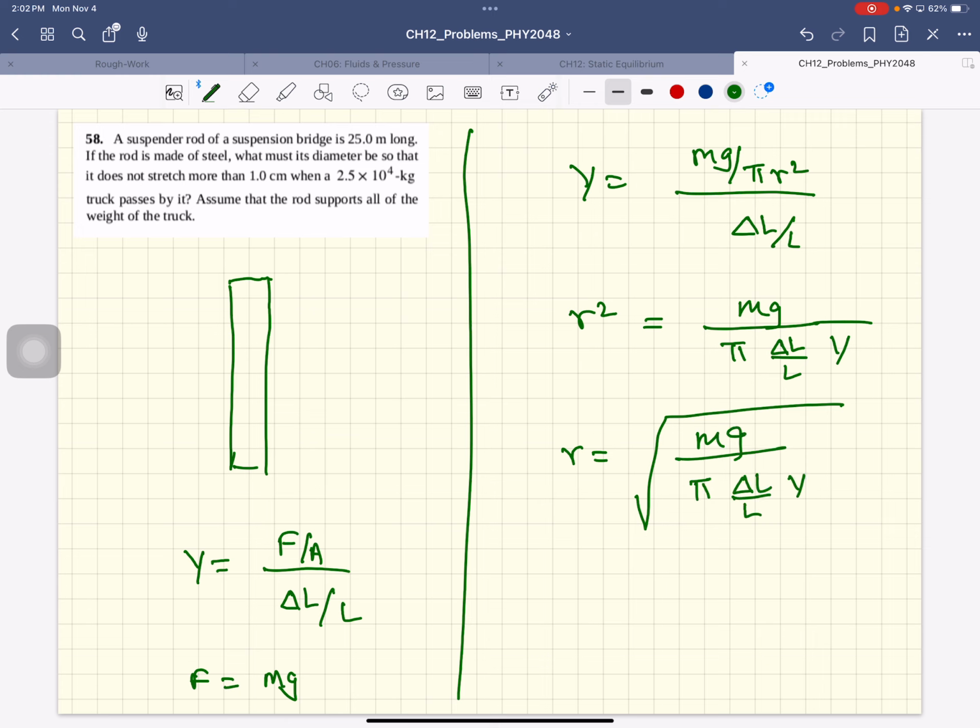And the Young's modulus for steel is 20 times 10 to the 10 pascals. Okay. Everything is in SI units.